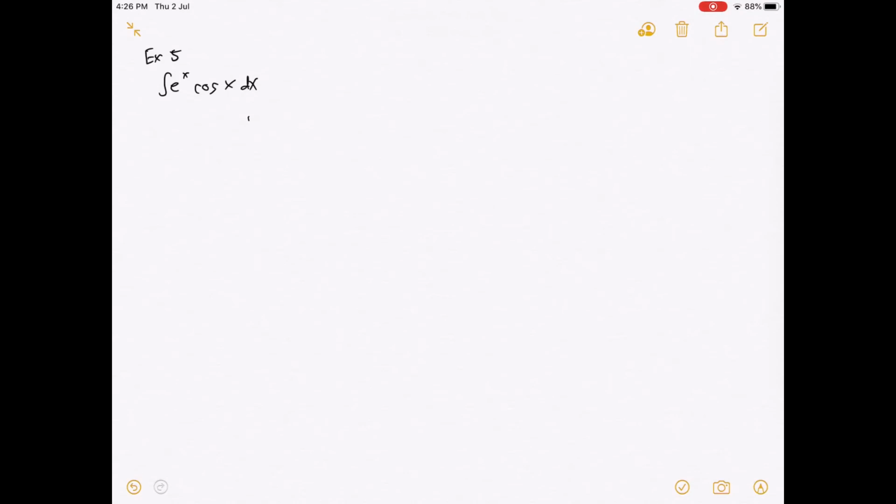Okay, so our last example in this topic, example 5. We have a product of exponent and trigo. Using LATE, L-A-T-E, exponent comes after trigo, so we choose the trigonometric function, which is cos, as u.